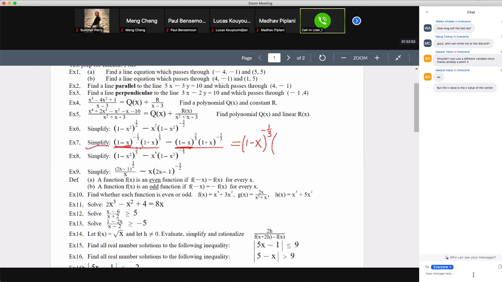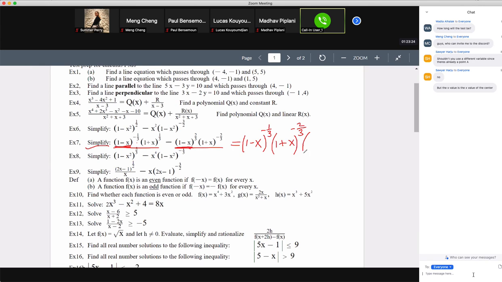Now, the next one, we have 1 plus x, 1 plus x. So 1 plus x is also a common base. So 1 plus x, we have to factor. 1 plus x to the what exponent do we factor now? Negative 2/3. You all follow me here?